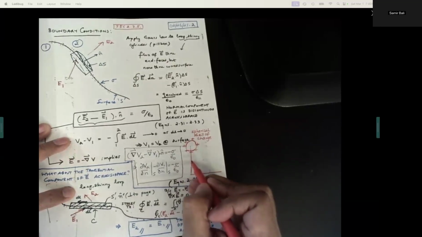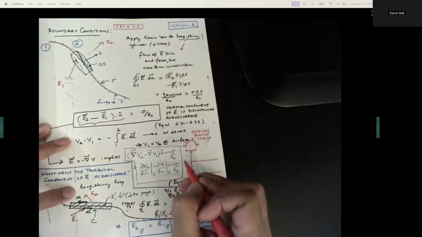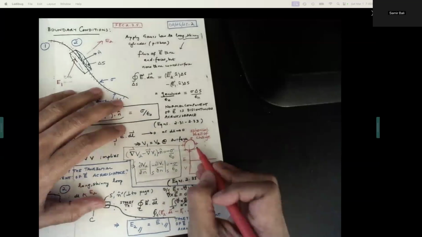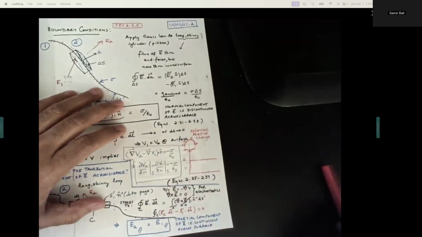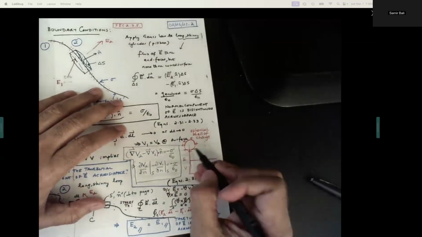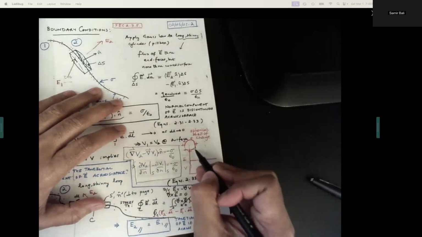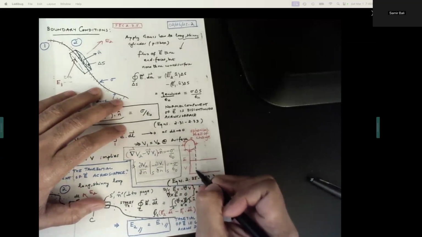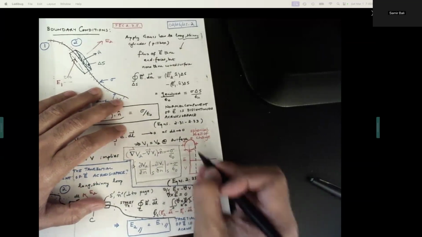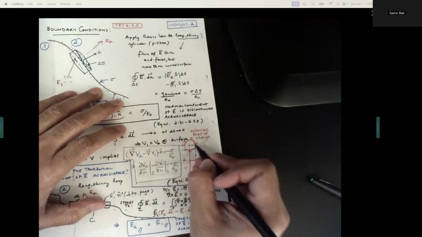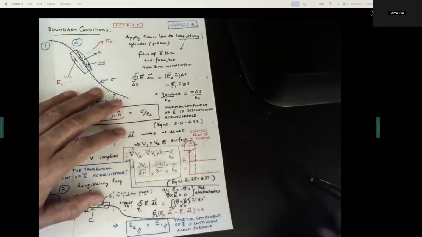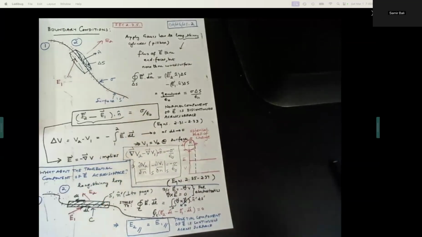right? So let's say here's the electric field and here's the potential. We've done this graph before. And just recall, this is the radius r. Just recall what we had drawn previously.